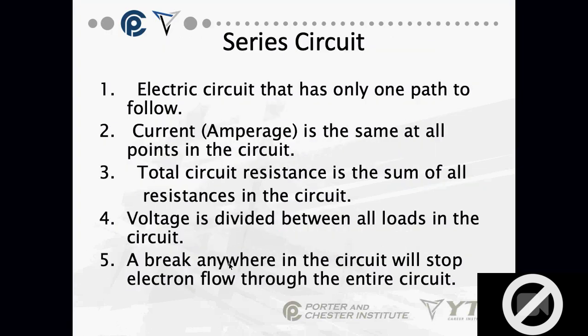Okay. We talked about this a little bit yesterday. I'm going to talk about it again briefly here. Electrical circuits that have one path are series circuits. Now, I'm adding in some portions to Ohm's law.